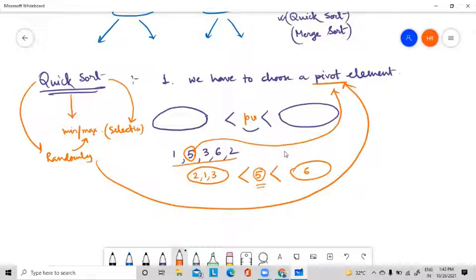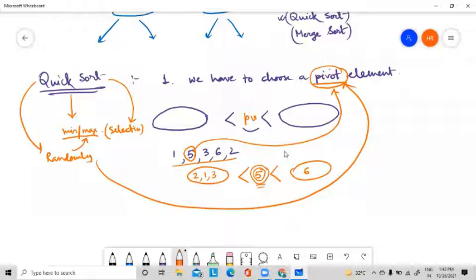See, this is the proper position of 5, which we have chosen randomly. And this element is called the pivot element. This pivot element selection is the most important part of quick sort. Why? If your pivot element is the max or min element, then quick sort will be converted to selection sort.